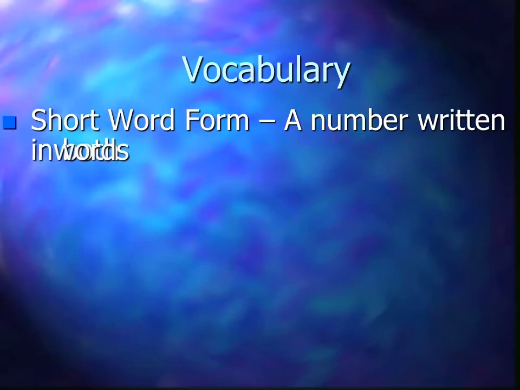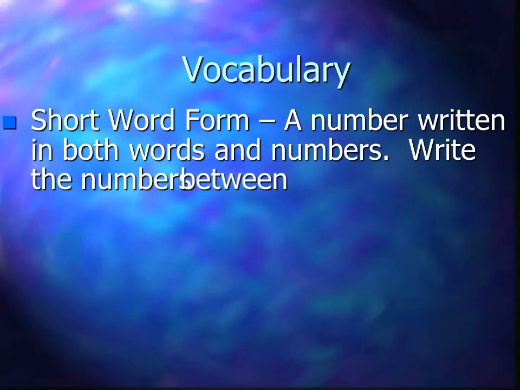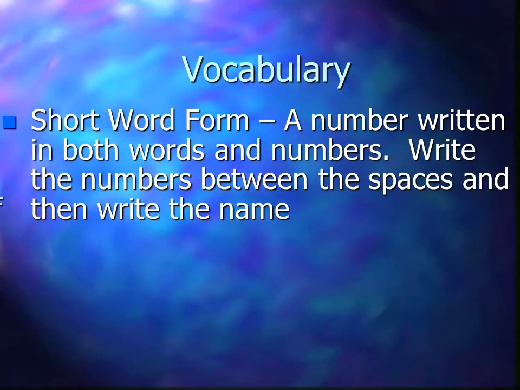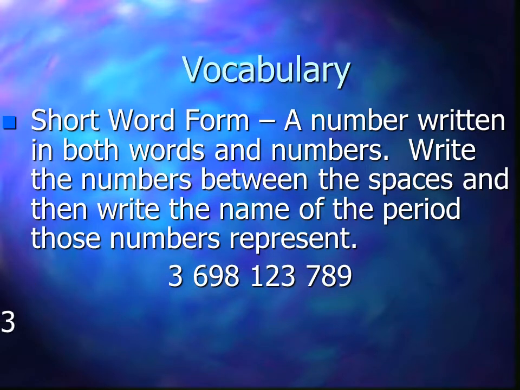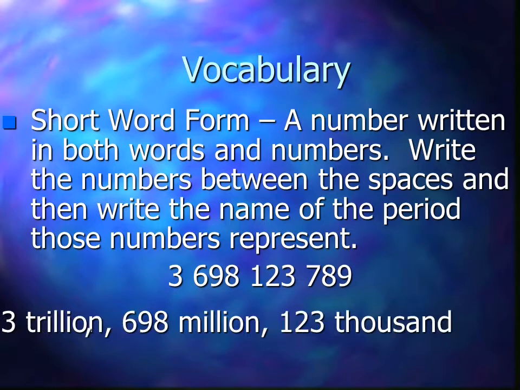Short word form. A number written in both words and numbers. Write the numbers between the spaces and then write the name of the period those numbers represent. 3,698,123,789.